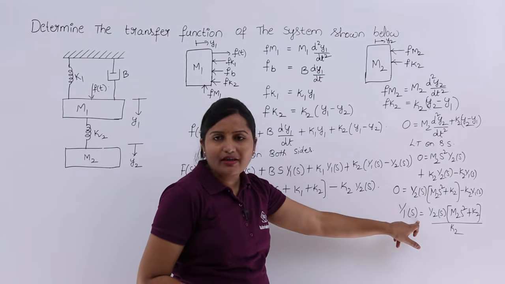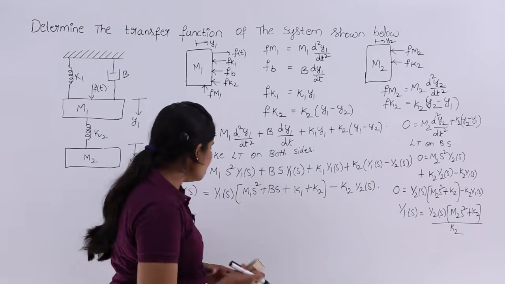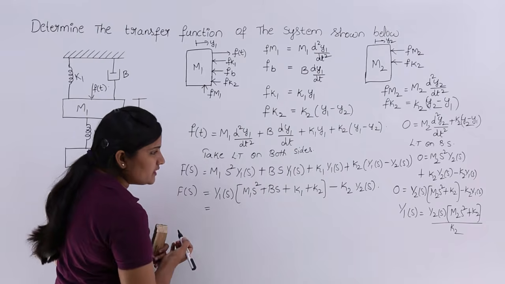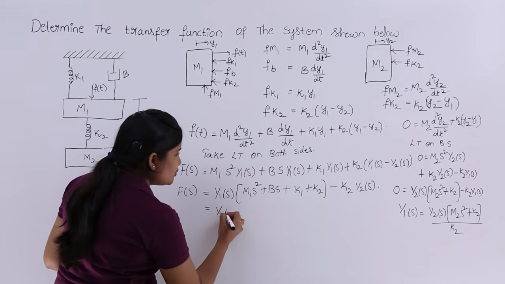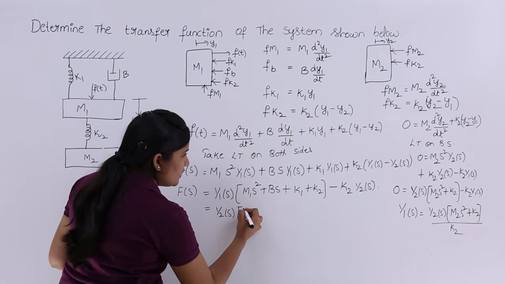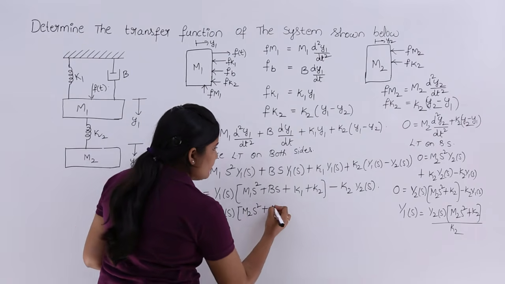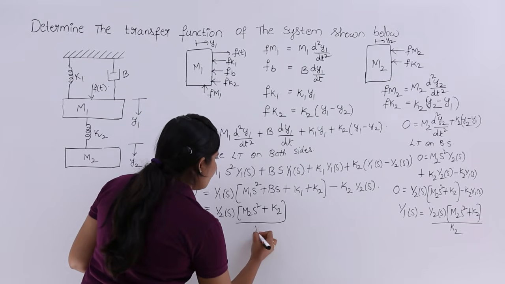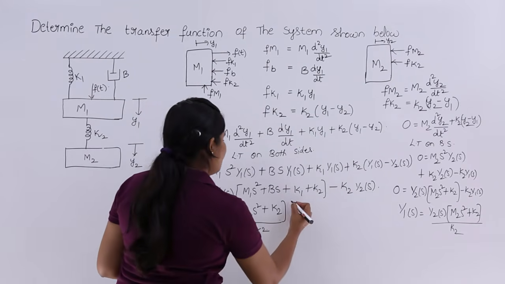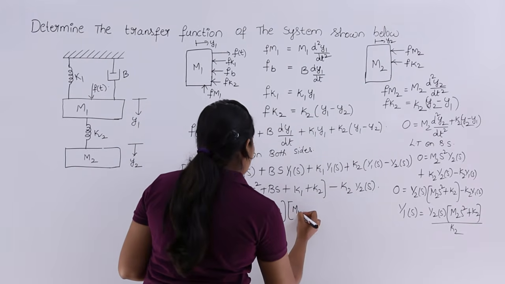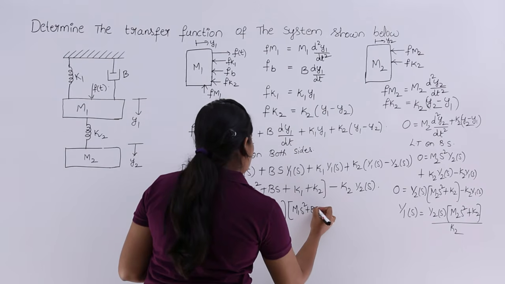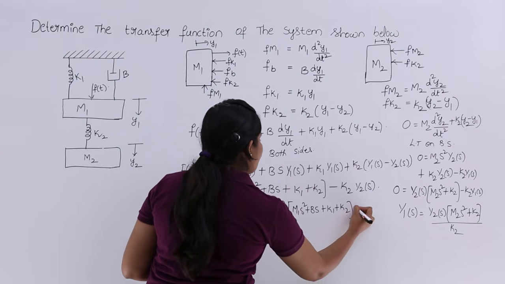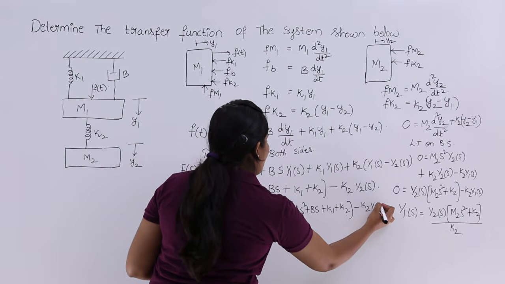So I am going to get y1 of s. This y1 of s I am going to substitute here. If I substitute here, then I get y2 of s into (m2 s square plus k2) divided by k2, into m1 s square plus bs plus k1 plus k2, and here minus k2 y2 of s.